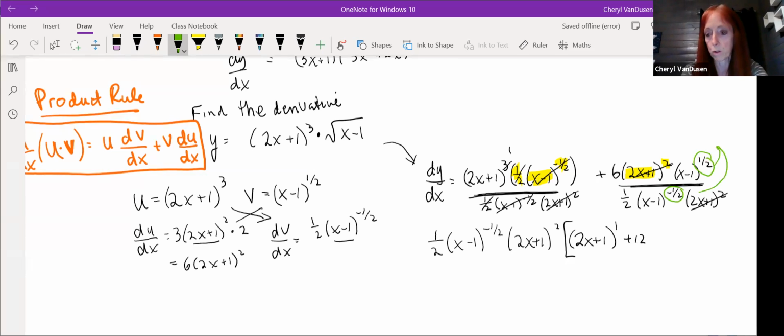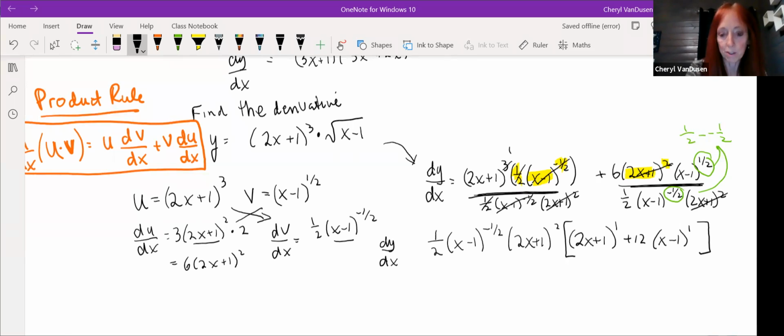That's the math that you're doing in your head. 1/2, take away a negative 1/2. It's 1. Okay, so then we're going to get (x - 1) to the first power. That may be your biggest challenge when you do these questions. It's just watching the factoring. So everything out front is totally fine. You can leave it like that. We just have to kind of tidy things up in here.